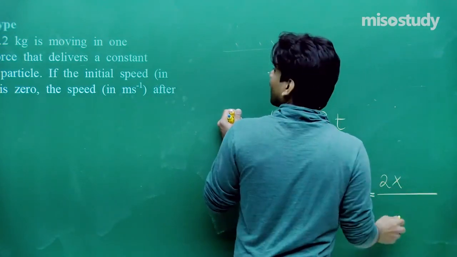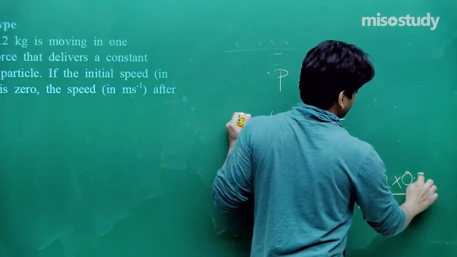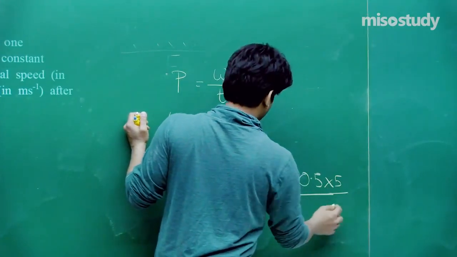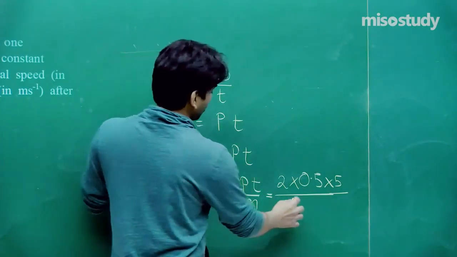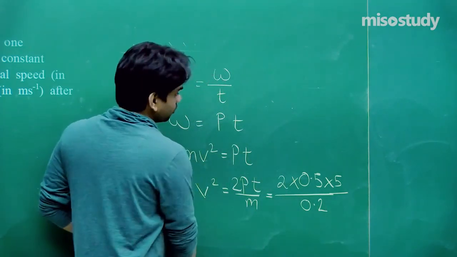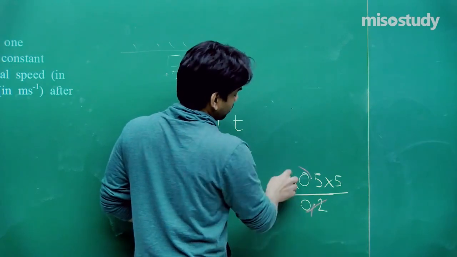So 2, the value of power is 0.5, so I am substituting 0.5, time t is 5 seconds, and mass is given as 0.2. So easily you can see how to solve it. The decimal point can be moved out, this 2 and 2 cancel out.